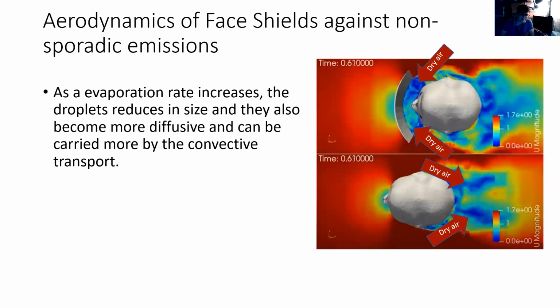And regarding the convective effects, if the said droplet evaporated and is still situated in the region between the face and the face shield, the convective patterns actually don't allow the said airborne particle to exceed the said region, so the region between the face and the face shield.